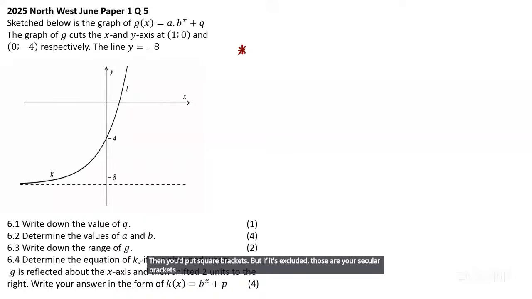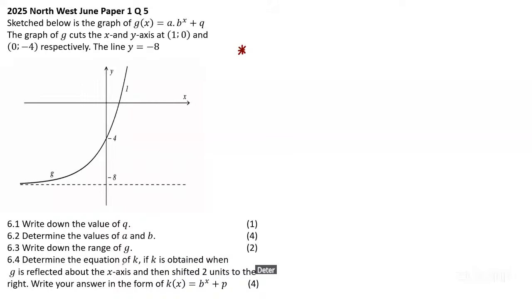6.4. Determine the equation of k if k is obtained when g is reflected about the x-axis and then shifted 2 units to the right. It says, write your answer in the form k of x equals a times b to the power x plus p.